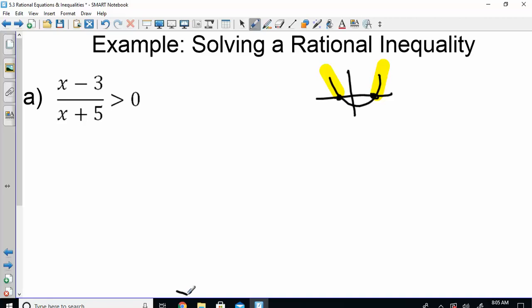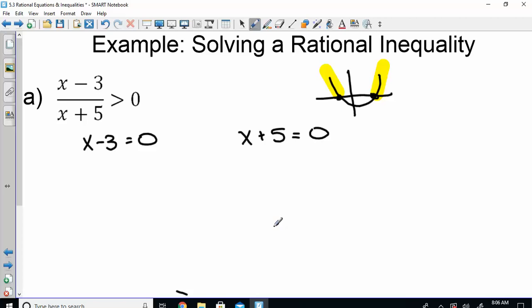So our first step here is going to be to set the top and the bottom equal to 0. Your assignment tonight is going to be Math Excel, and a couple of the questions are going to say, what's the equation for the numerator?